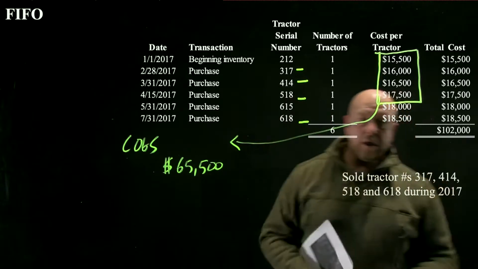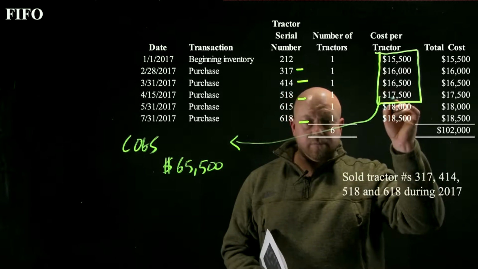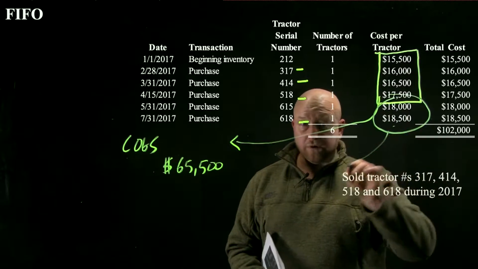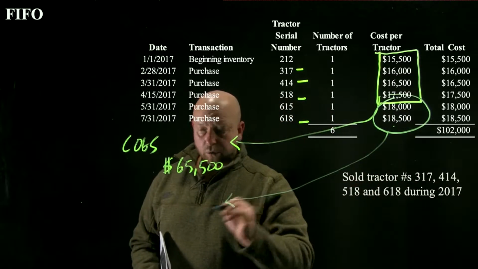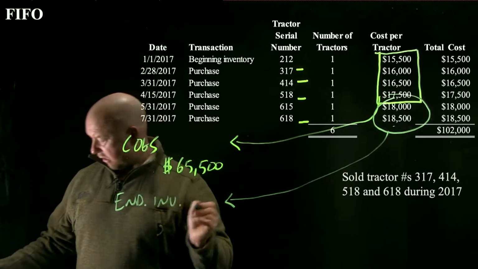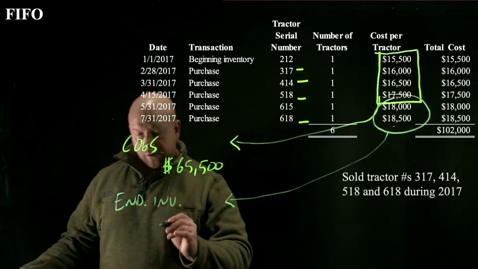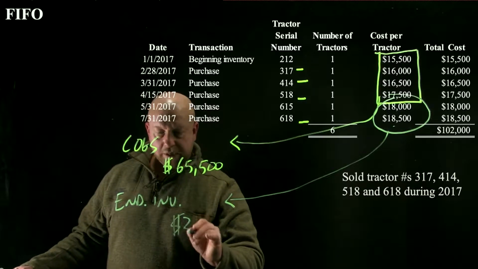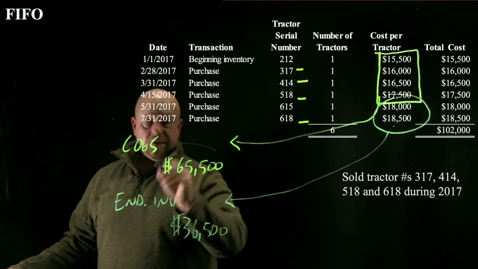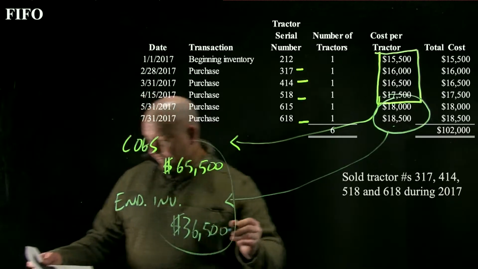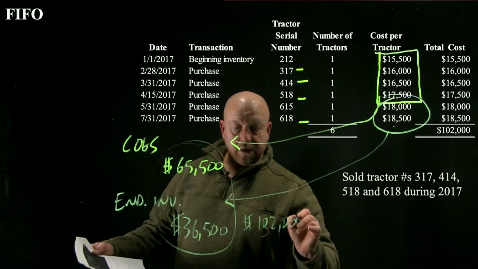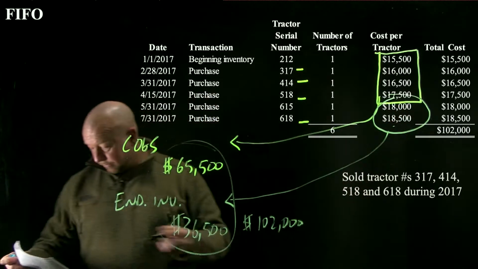So what we want to do now is say, all right, the items that remain, now I know that one of these really doesn't remain in inventory, but we're going to treat its cost as if it still were with us. Add those 2 up, and we get an ending inventory of $36,500. If you combine both of these together, that adds up to our $102,000 that we're trying to break up.